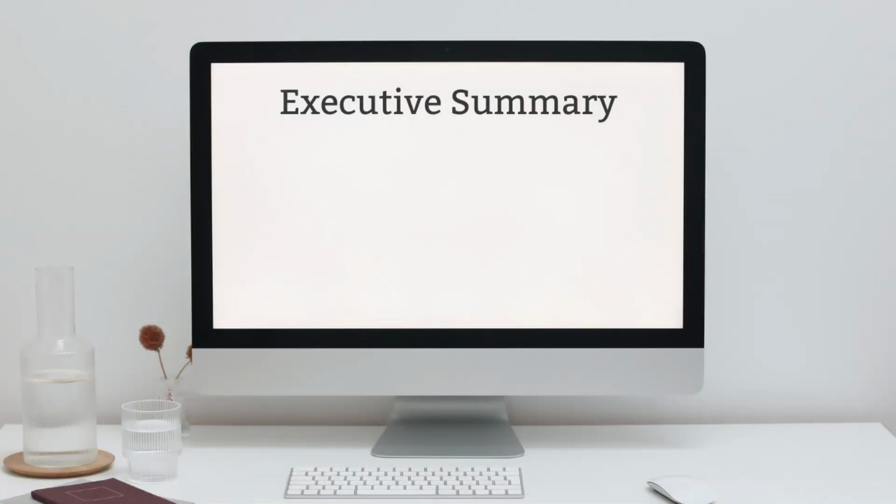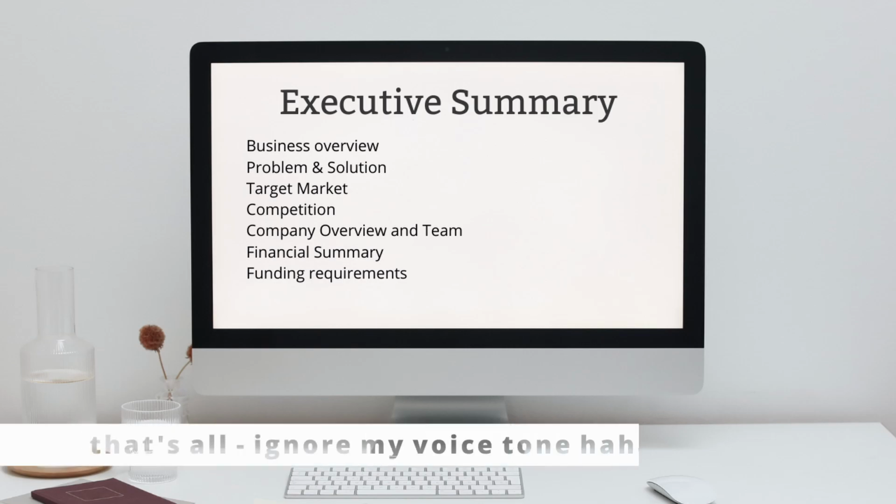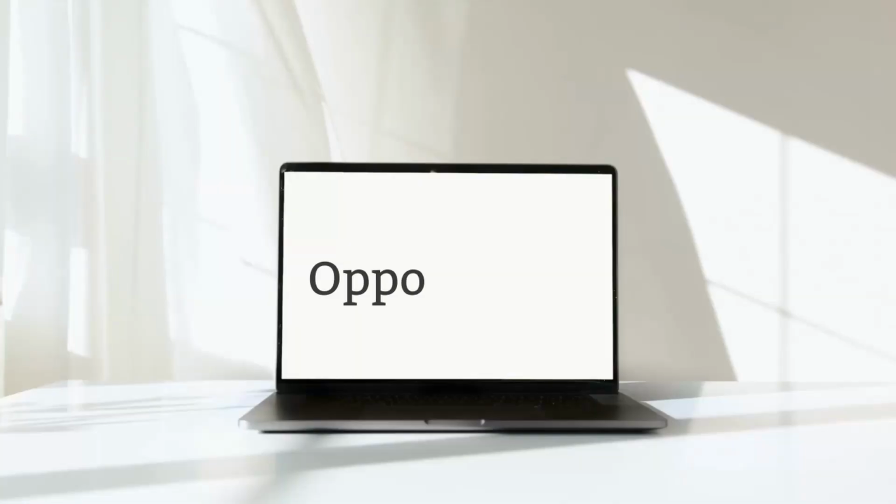I really recommend that you write this section last, as it is like a summary of the rest of the business plan. So the executive summary will include the business overview, the problem and solution, target market, competition, company overview, financial summary, funding requirements.